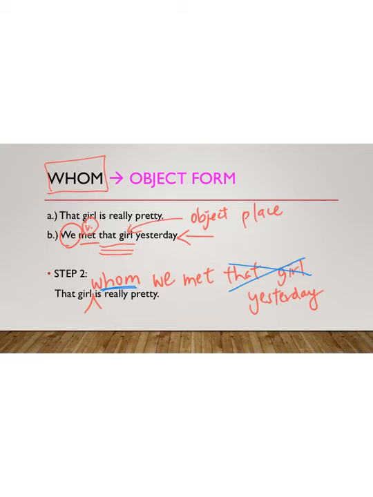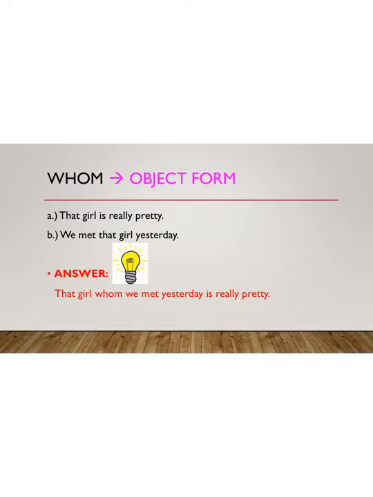So we have to take one more step and then we have to cross out that girl whenever we use whom in the relative clause. Okay? So for this part, this is the relative clause. So the whole thing becomes that girl whom we met yesterday is really pretty.